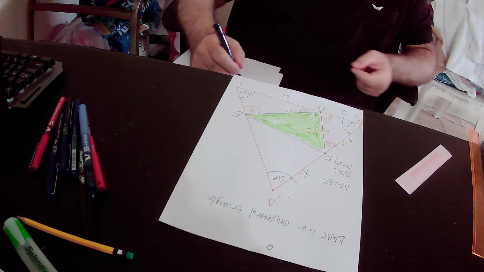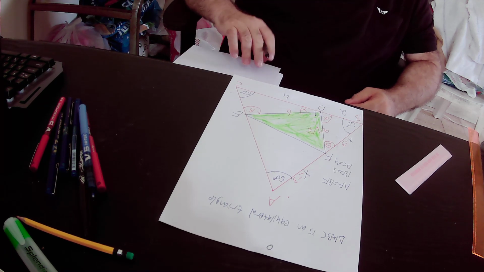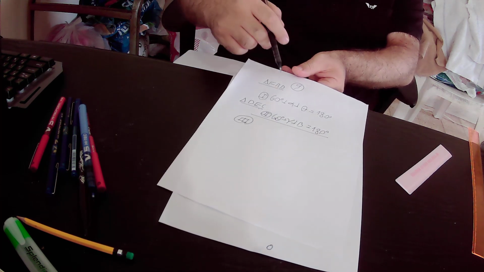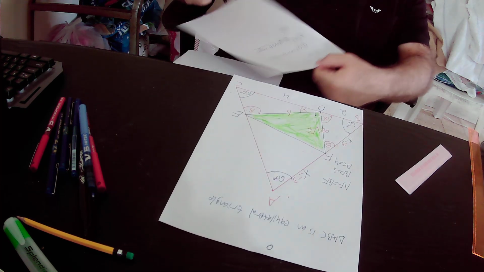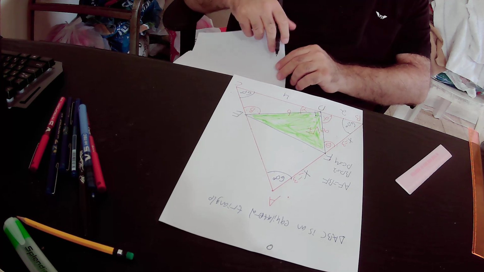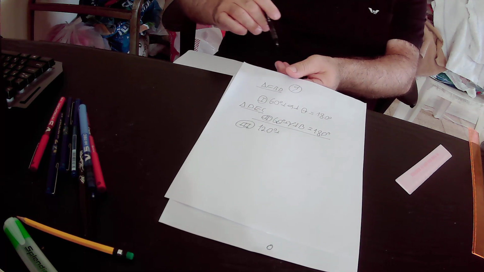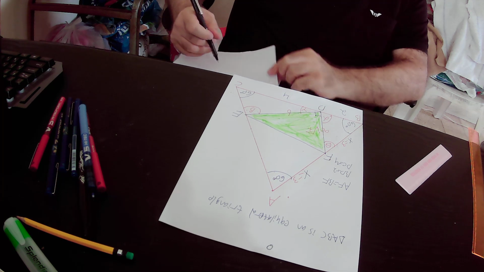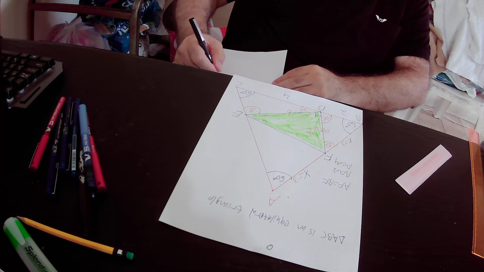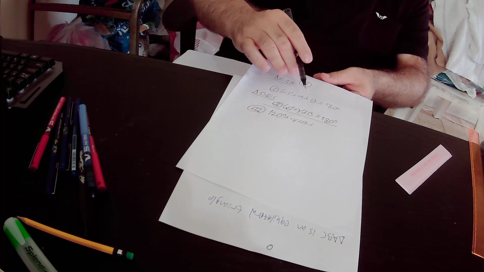So 60 degrees plus 60 degrees, and we have here alpha plus theta, so I write it down: alpha plus theta plus gamma plus beta.